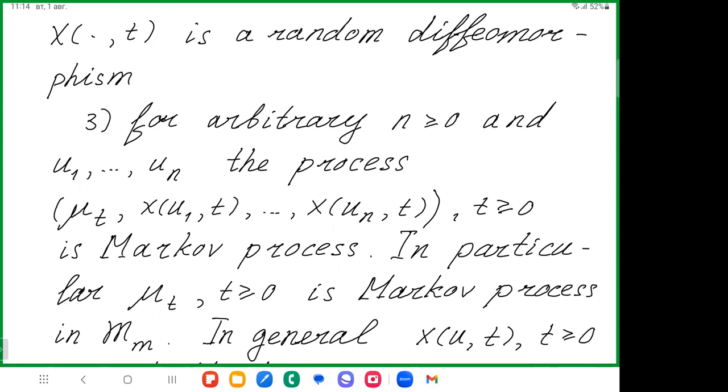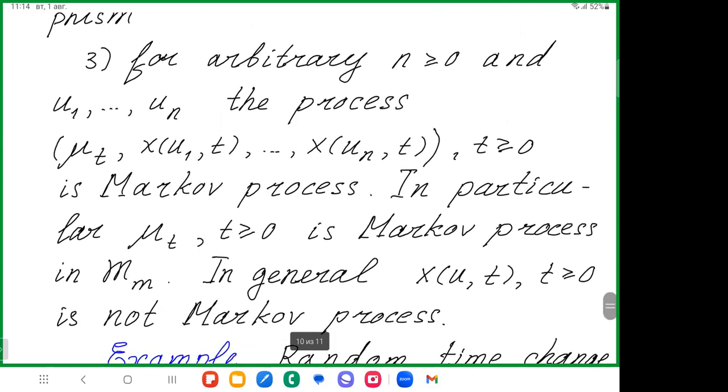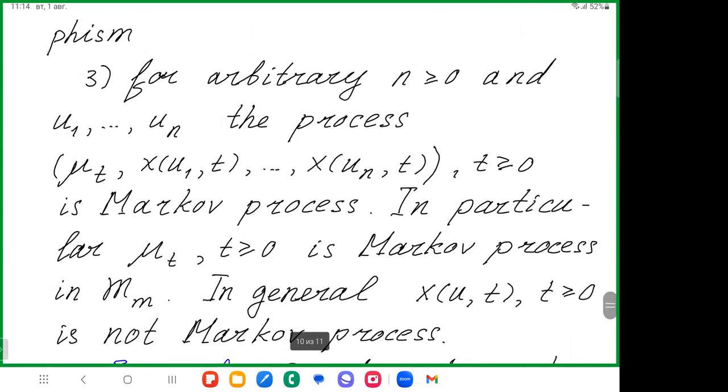Also, it is interesting to see that in general, if we fix x u t, just one point, and start to watch the motion of this one point, it is not a Markov process in general. So it is interesting to associate this with passive tracers in a liquid. Suppose that you have a turbulent liquid flow, and you put in this flow one particle.